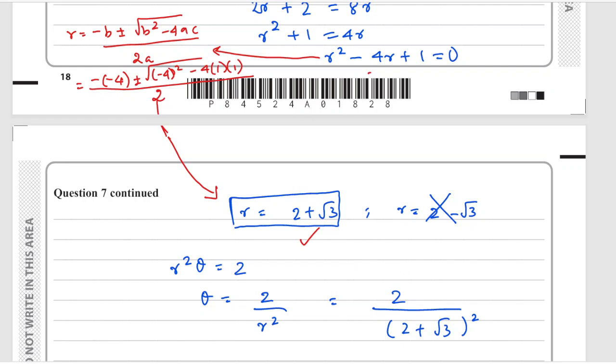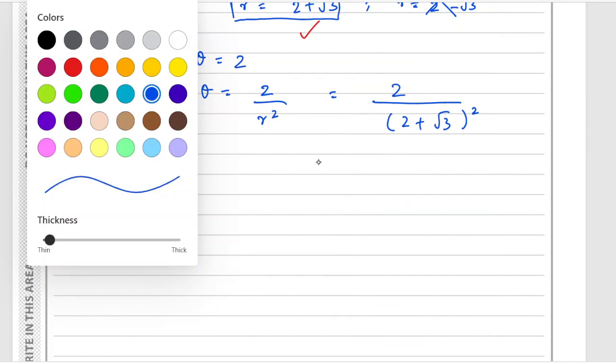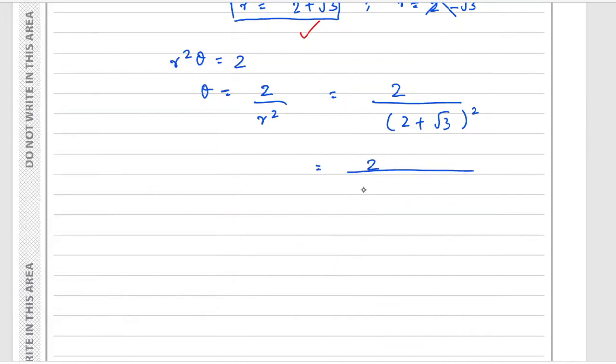Okay, so the theta value we can obtain in this way. Again, you need to show the steps. You can't directly use your calculator. So this would be 2 divided by, when you expand it, 4 plus 3 plus 2 times 2 root 3, which is 4 root 3. So that is 2 divided by 7 plus 4 root 3.